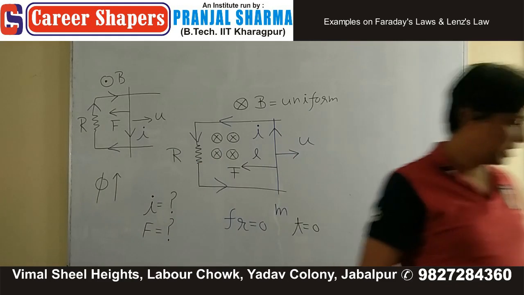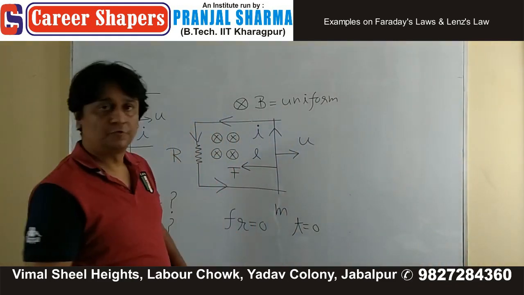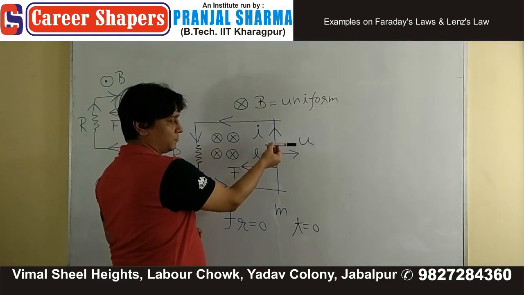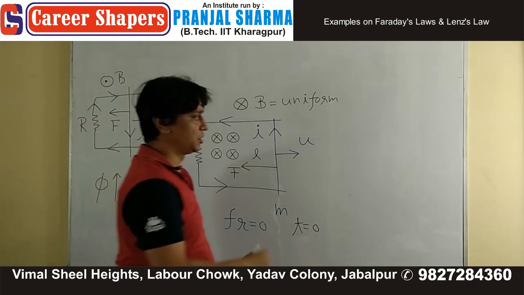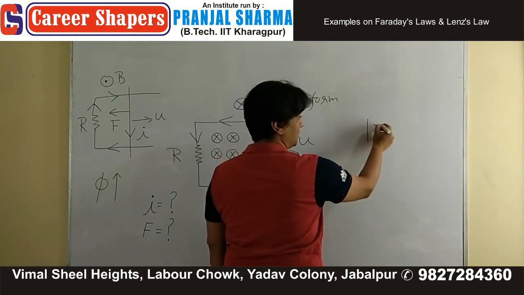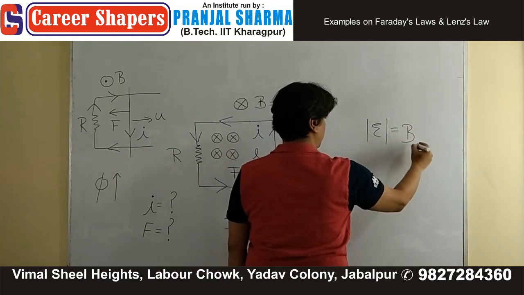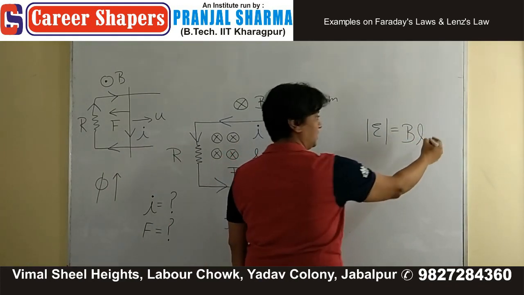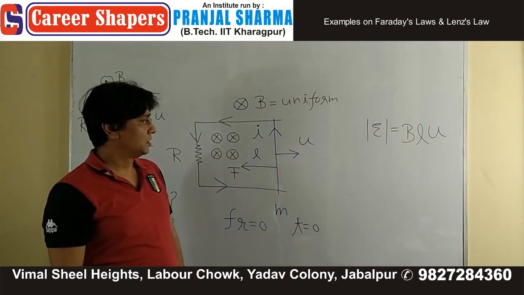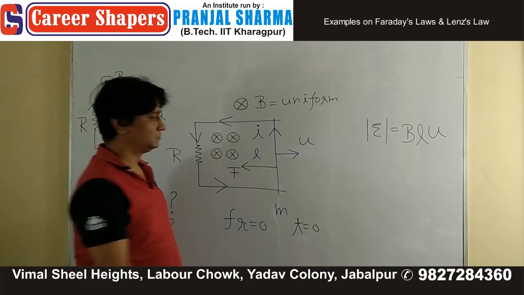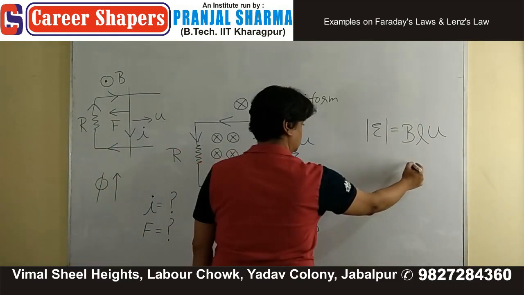And it's such a shame that even after being told, if you have velocity, length, magnetic field, all three perpendicular, then magnitude of induced EMF is simply BLV, and that velocity is what U. So this figure is equivalent to this.